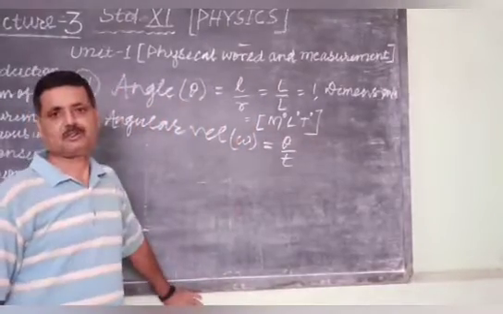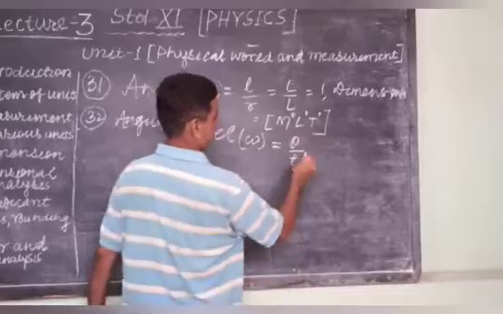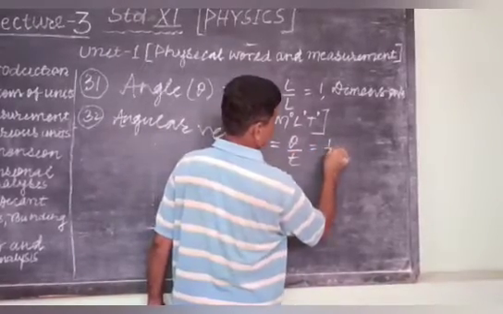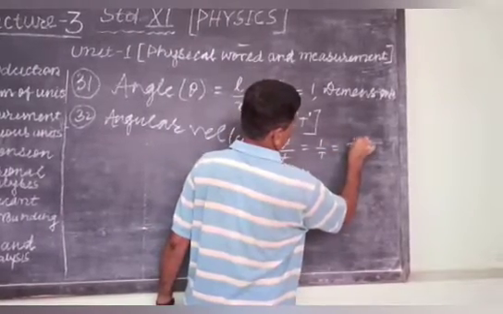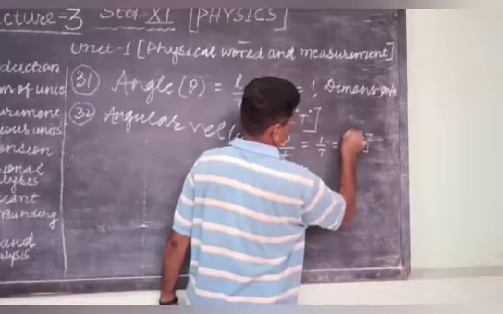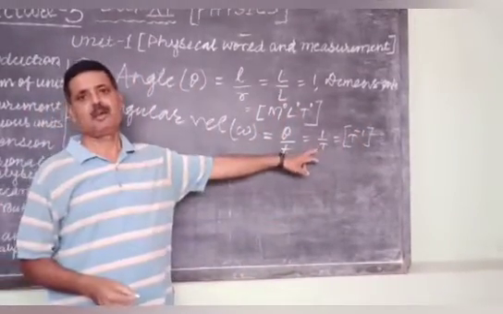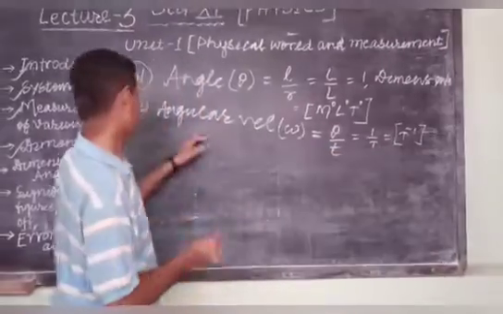Angular velocity is the angle covered per unit time. Angle is dimensionless, and this is t, so it is t to the power -1. We can also write m to the power 0, L to the power 0, t to the power -1.